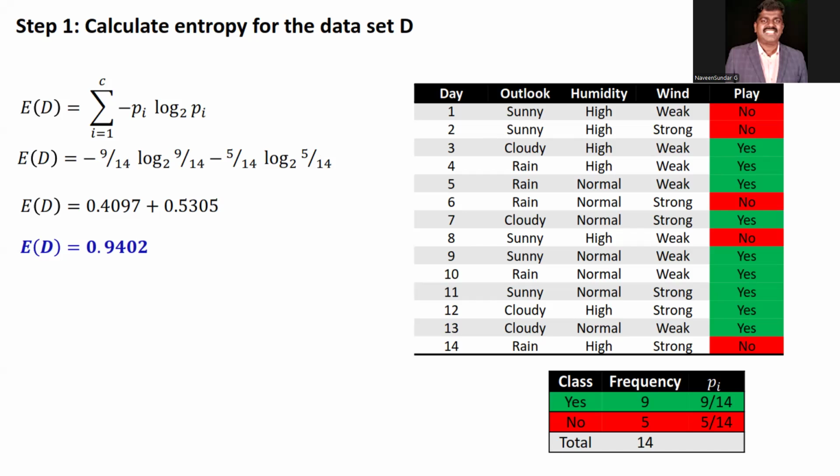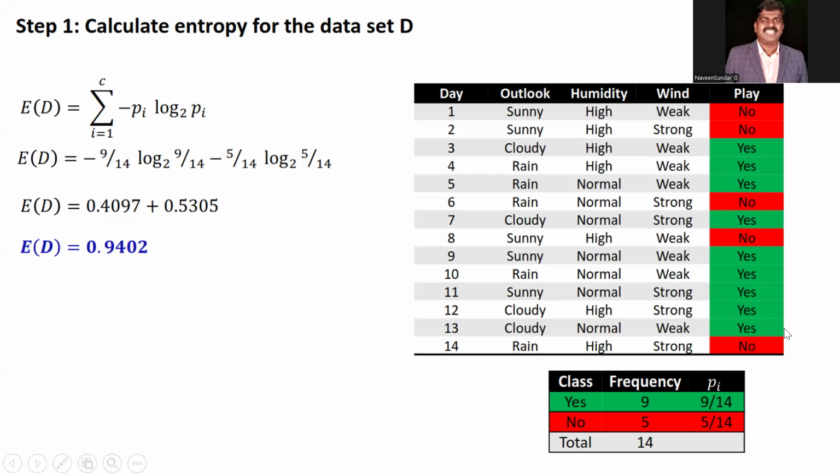So first, we calculate the entropy for the complete data set D. The formula is E of D equals minus the sum of Pi log 2 of Pi. So how are we calculating it here? Out of 14, we are going to count how many yes and how many no. For example, in our example, no, no, no, no, no. That means there are five no's, and nine yes.